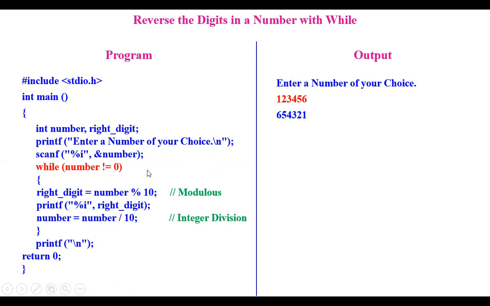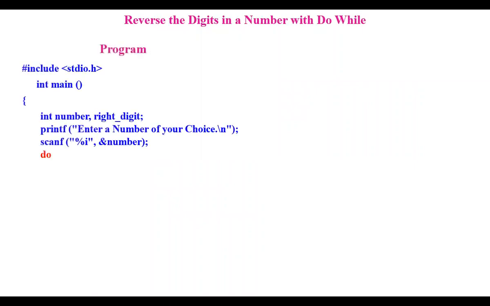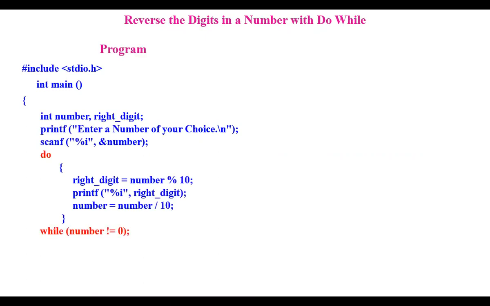Okay. Now, suppose you want to do the same thing with the do while, you write the same thing, same logic is applied, and here the number is taken, right? And the number modulus 10 is considered, that is taken as the right digit, that is displayed here, and integer division takes place, right?